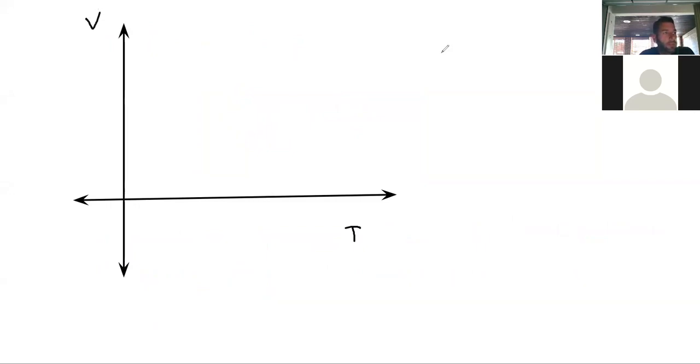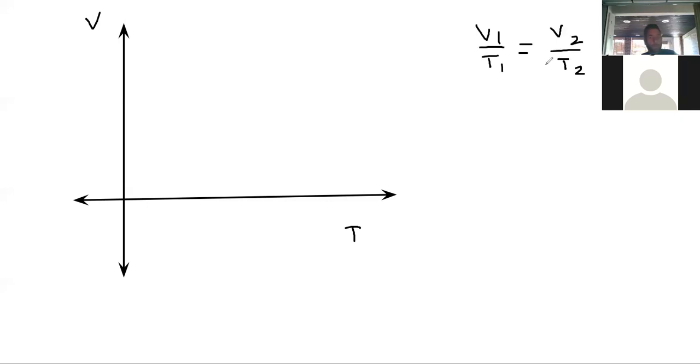If you look at the relationship, V1 over T1 equals V sub 2 over T sub 2. You can do a little bit of algebra and write it in a different form.